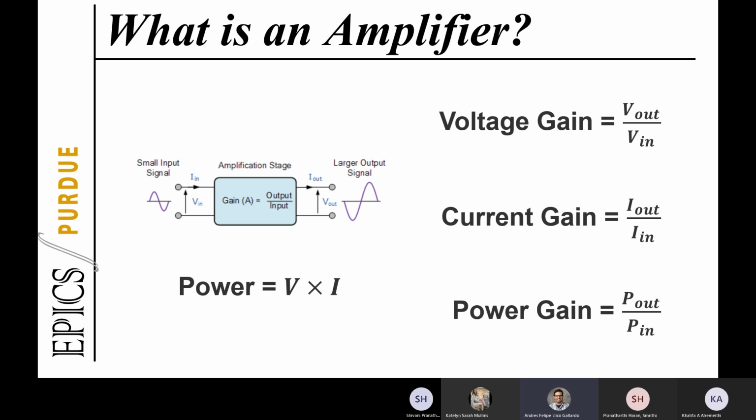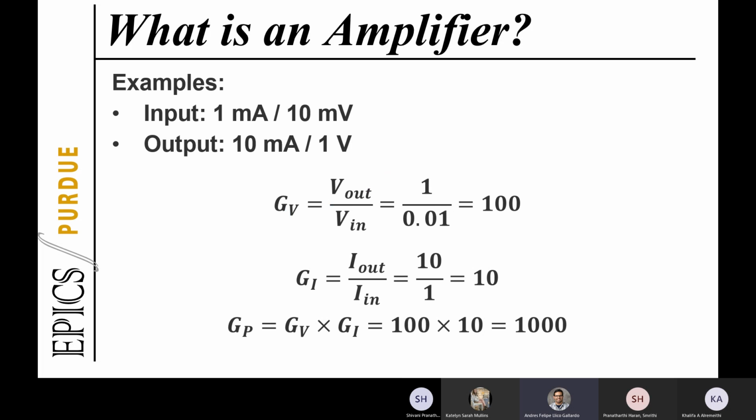Or if we remember that the power is the multiplication between the voltage and the current, then we can also talk about power gain, the ratio of the powers. So just to give you a quick example.